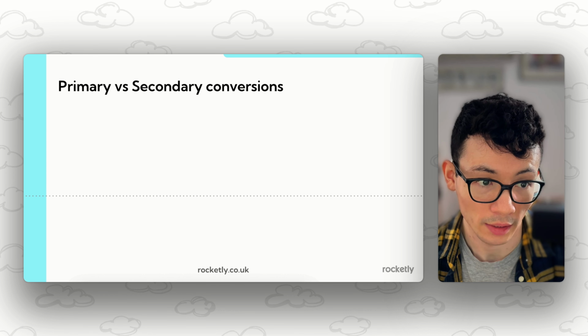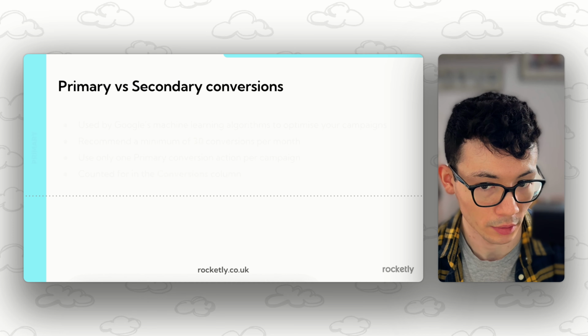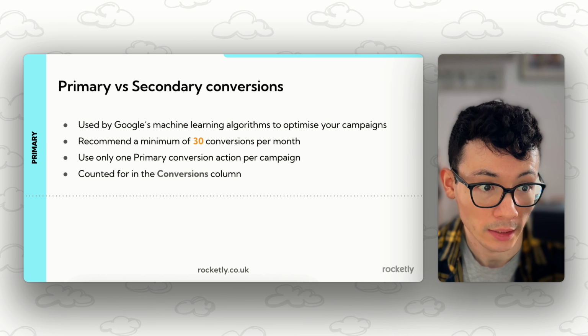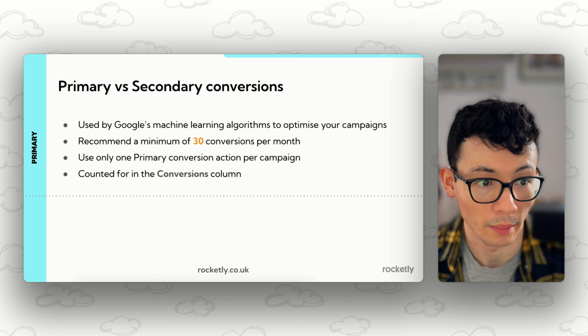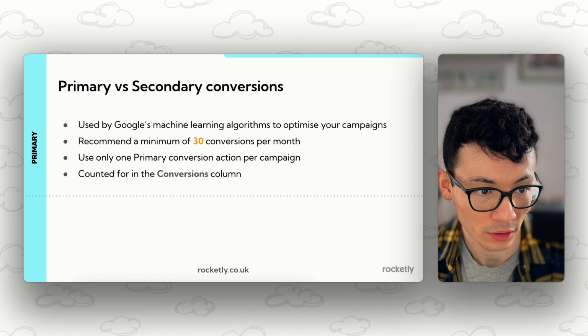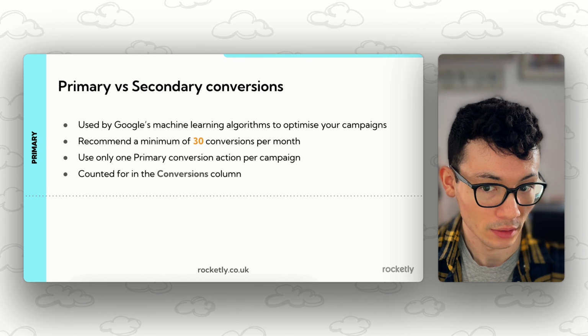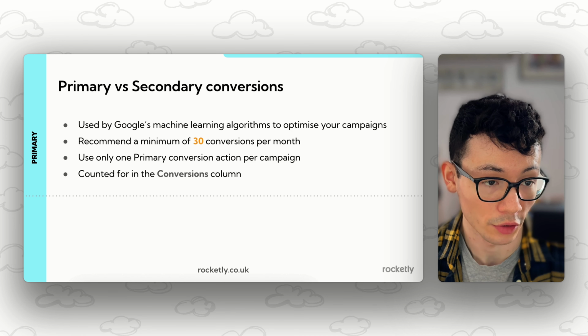Lastly, let's get into the actual difference between primary and secondary conversions. Primary conversions are used by Google's learning algorithms to optimize your campaigns. Let's say you are an e-commerce business selling physical products, and you're tracking purchases as your primary conversion action.